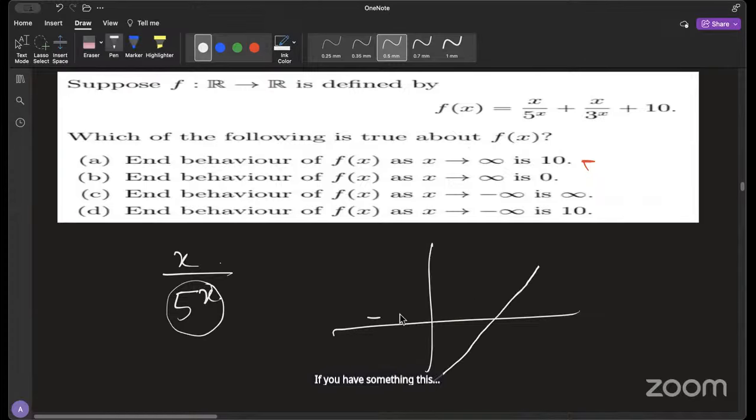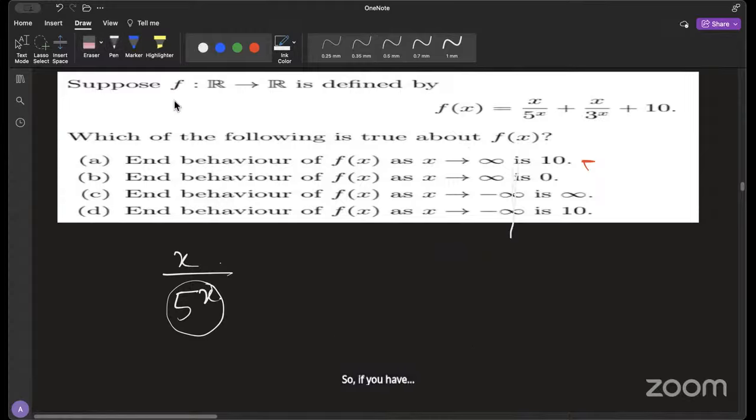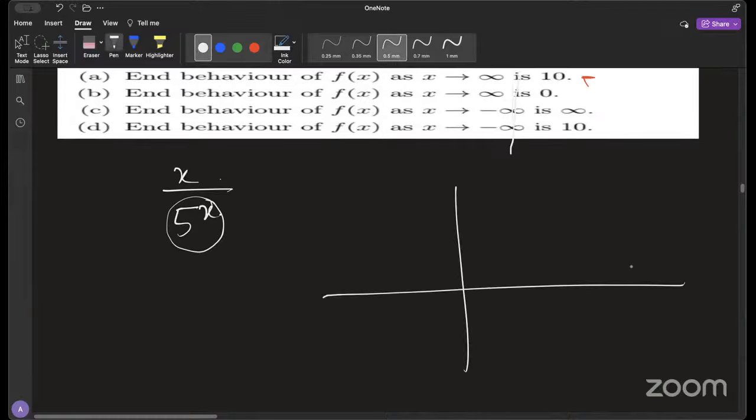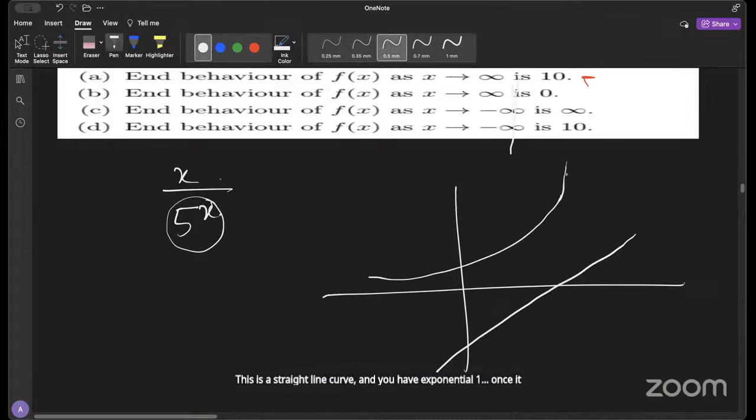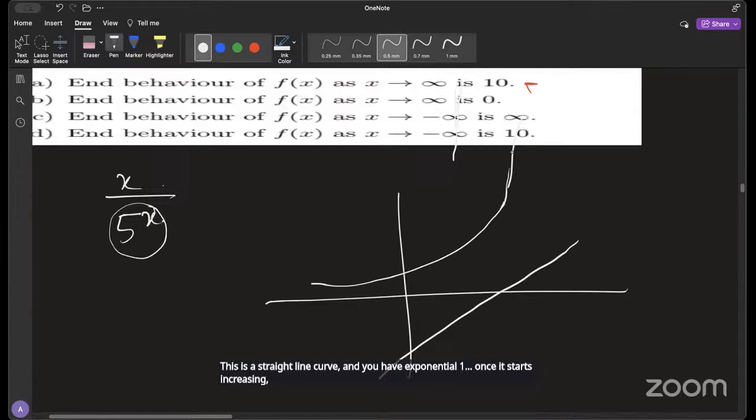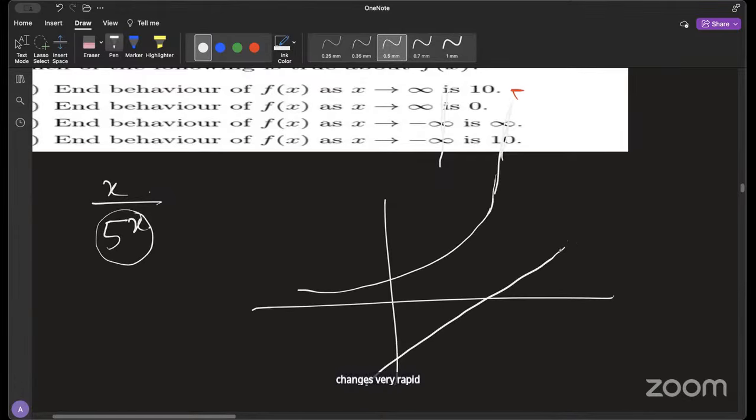An exponential function works like this, and it increases very rapidly. This is a straight line, where exponential, once it starts increasing, changes very rapidly, and this one changes very slowly. It's a very consistent change.